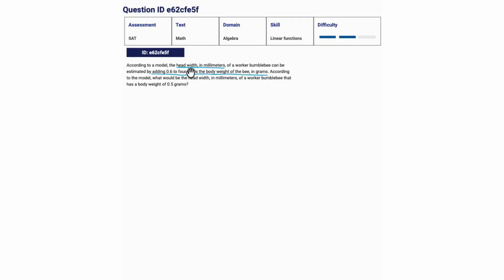By adding 0.6 to 4 times the body weight of the bee in grams. So 4 times the body weight in grams of the bee, let's just say that's G, okay? And all right, that's our equation.